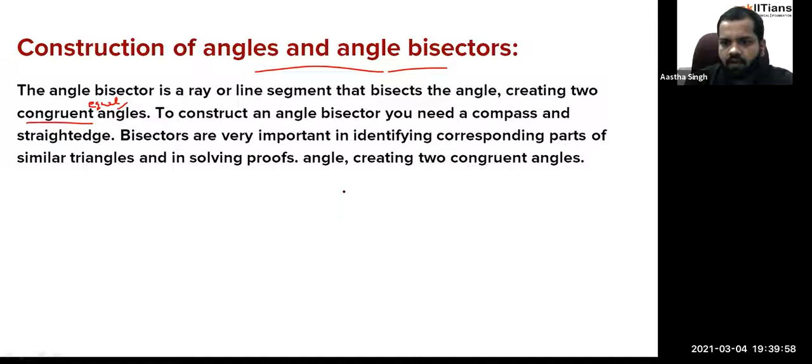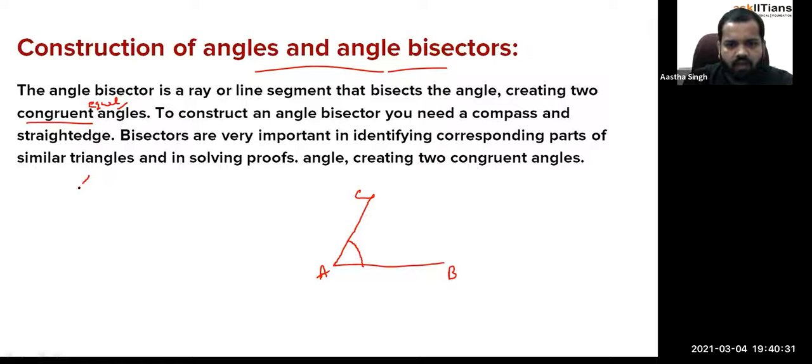Suppose you are given any acute angle, like this. Let us say this point is B, this point is A, and this point is C. You are given a certain angle, you do not know what that angle is, and you have to find its angle bisector.